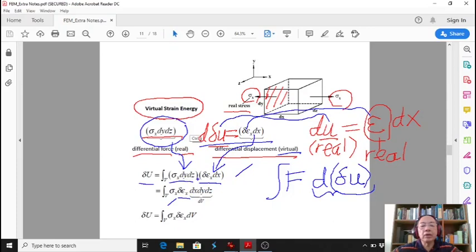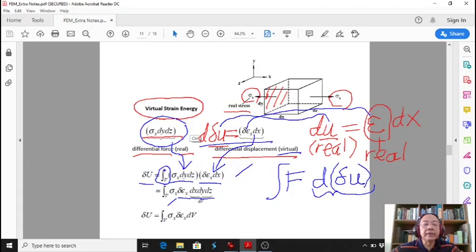Now we collect all dx, dy, dz, so this is dV, the volume of this element. We need to take the integral, because this is just for one element, and we need the whole structure.